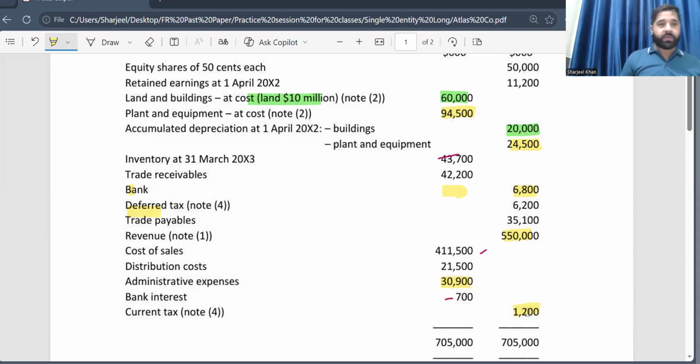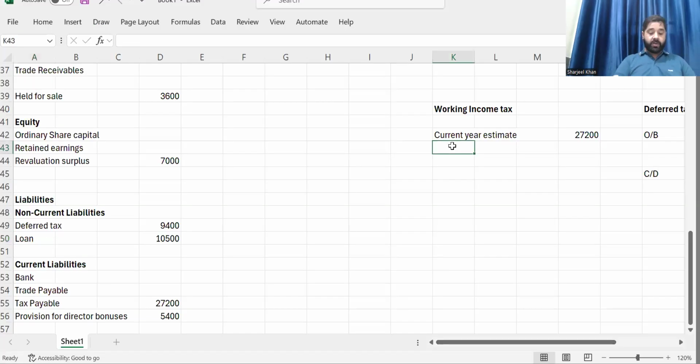When it is on the debit side, it is under provision. When it is on the credit side, it is over provision. And over provision decreases the income tax expense. So it is 1,200, right?